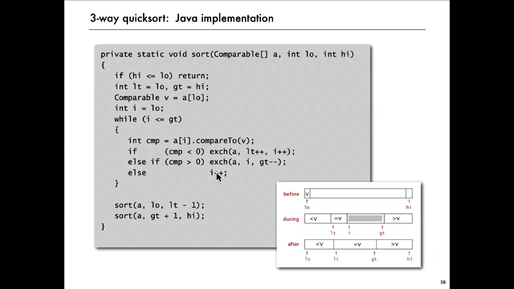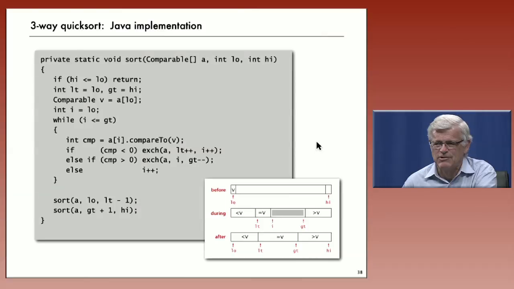Otherwise, we increment I. Could hardly be simpler. In fact, it is simpler in many ways than the standard implementation of QuickSort. In fact, there's an argument for just using this implementation of QuickSort and forgetting about Hoare's, because it performs so well in so many practical situations.